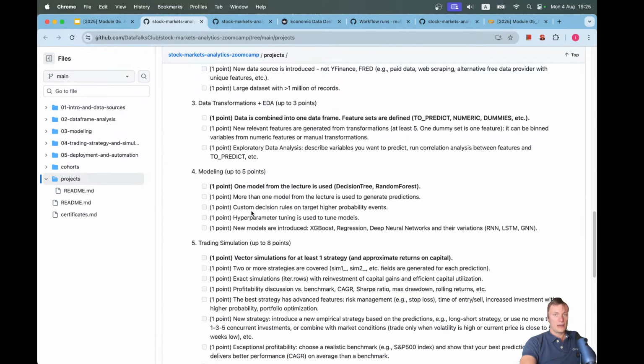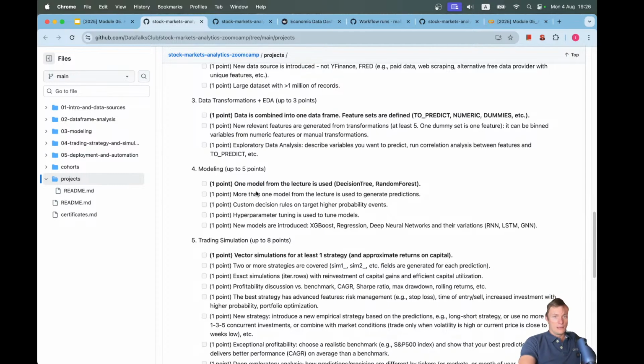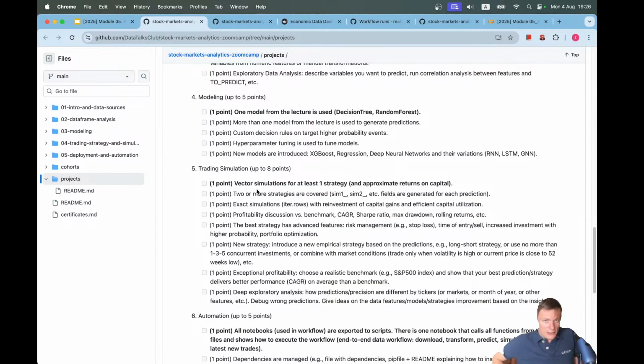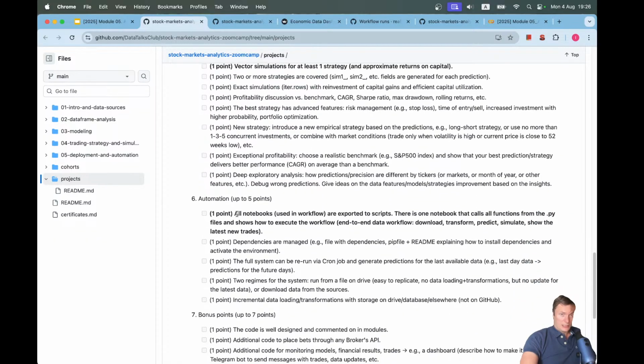Modeling: we covered in detail decision tree and random forest. You may use any other models that you want. Trading simulations: you can do only base simulations, or you can do advanced simulations with daily row by row simulations, whatever you like.